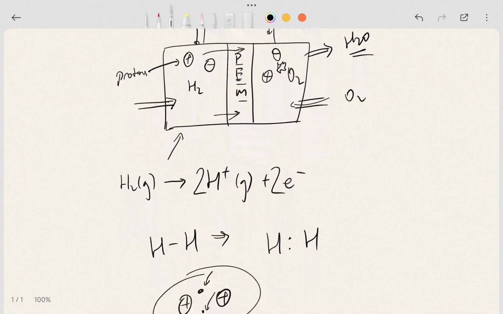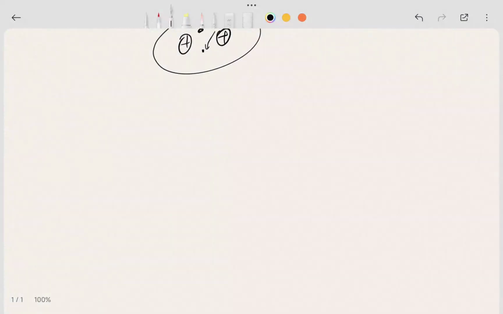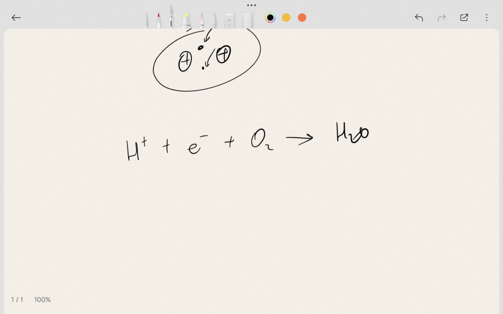What happens here is, well, the proton, which is H+, plus an electron, plus oxygen gas gets H2O, which is water. And we can balance this equation out pretty easily. So put a 2 there on the right hand side and put a 4 on the left hand side and put a 4 on the electron. Actually, no, it wouldn't be 4 because there's a redox reaction.